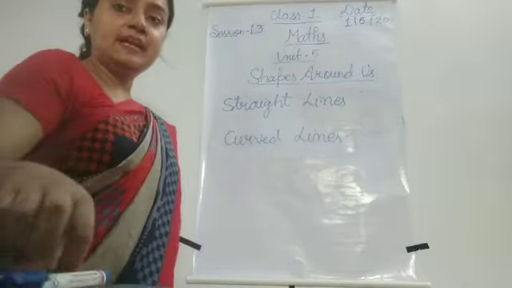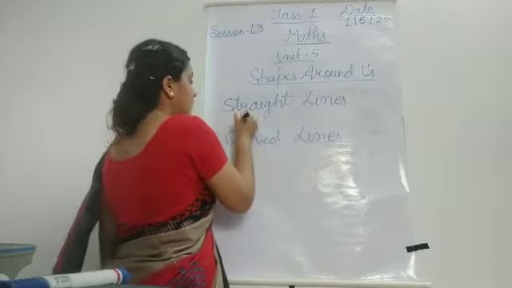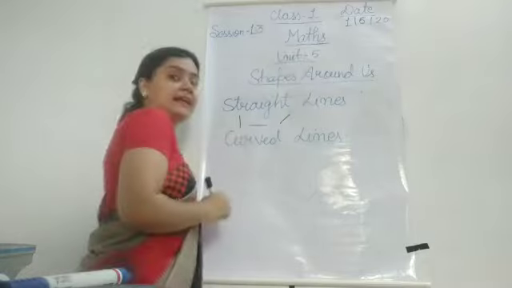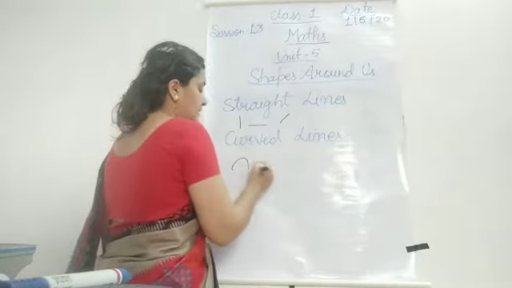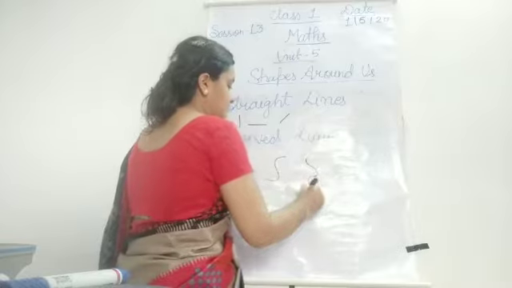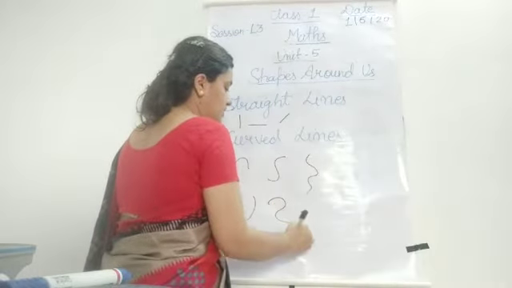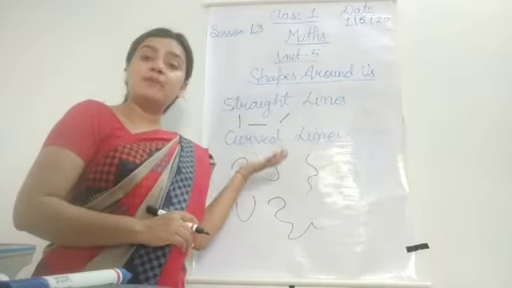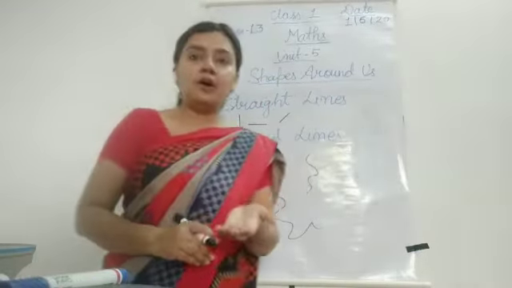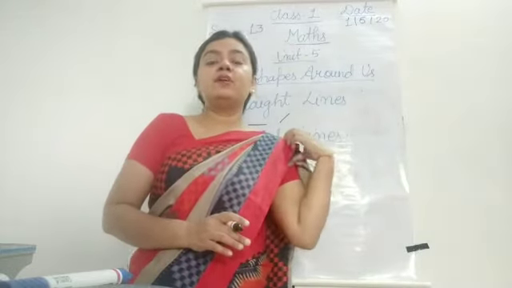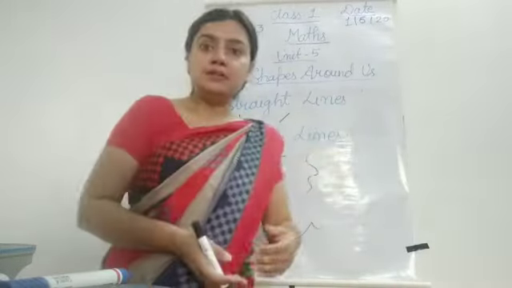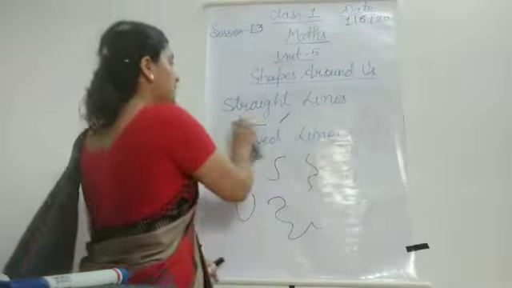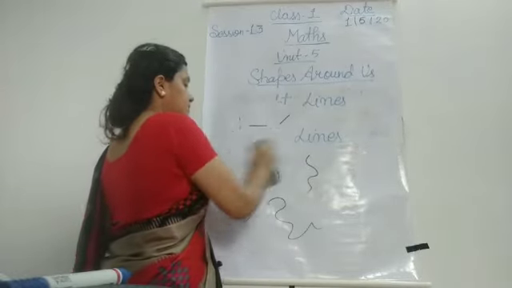In straight lines I told you three examples: standing line, sleeping line and slanting line. In curved lines, the lines which are not straight are called curved lines. With the help of straight lines and curved lines we make all the numbers, from 1 to 100. Without these, we will not be able to make any number. I hope you got the types of line.